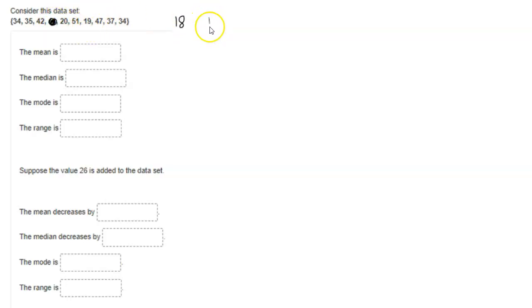I think 19 is next, and then 20. And then, is anything lower?